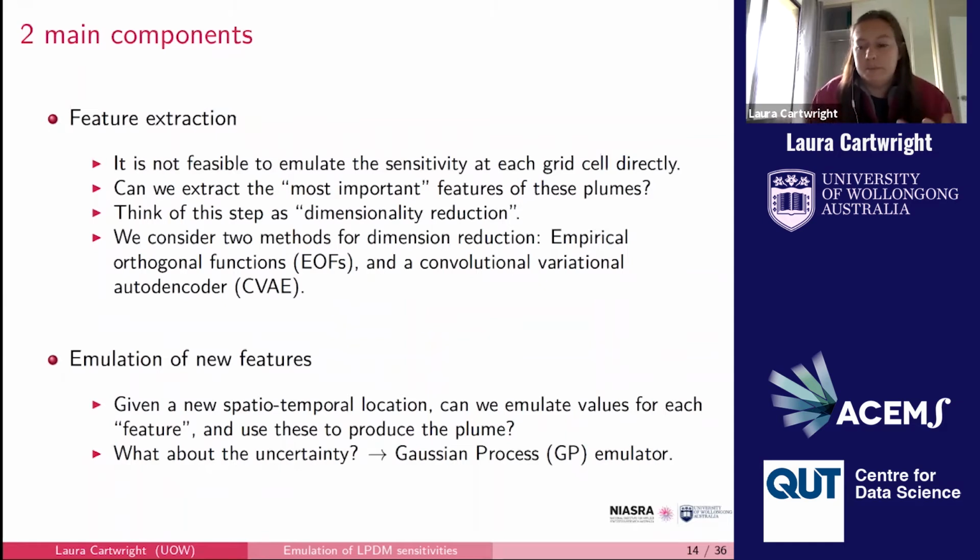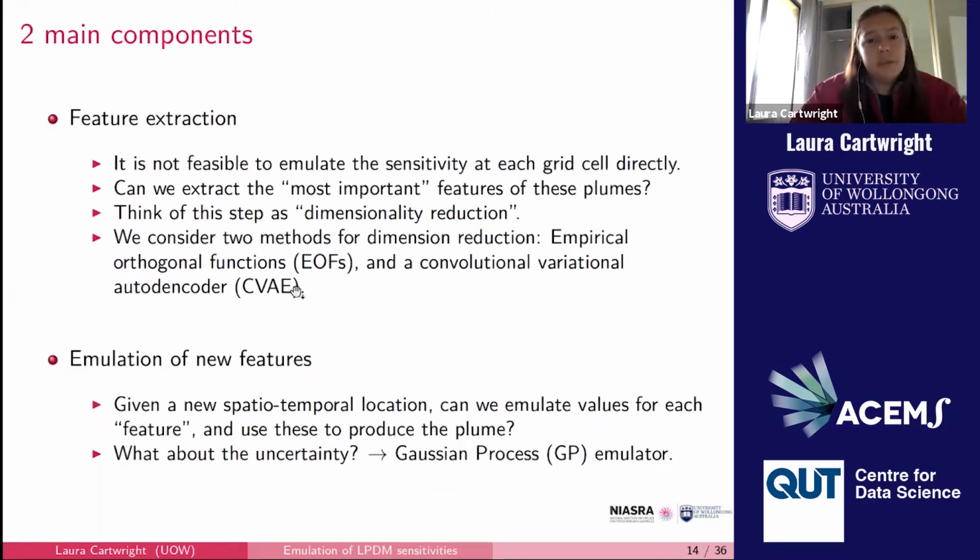Features about the way they look, their direction, and their intensity. Think about it as reducing the dimension, because we go from, say, 4,000 grid cells down to maybe 20, for example, in our work.